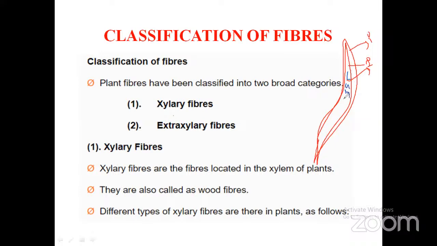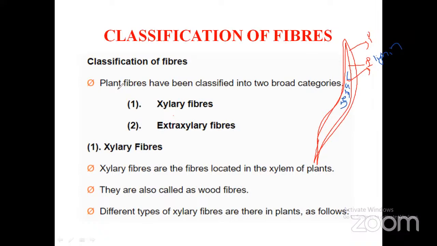No protoplast, only an empty space is present internally, that is called the lumen. The fiber has a very thick and hard lignified secondary wall. The secondary wall, as usual, is composed of lignin. So this is the structure of the fiber. Let's see the classification of fiber.